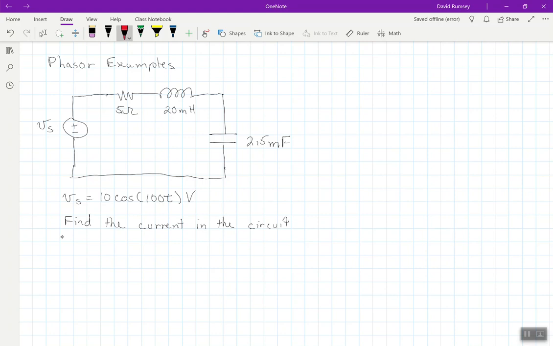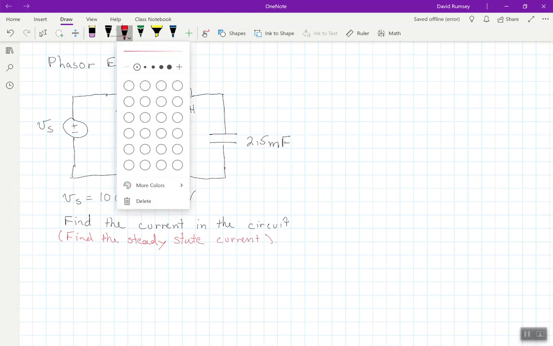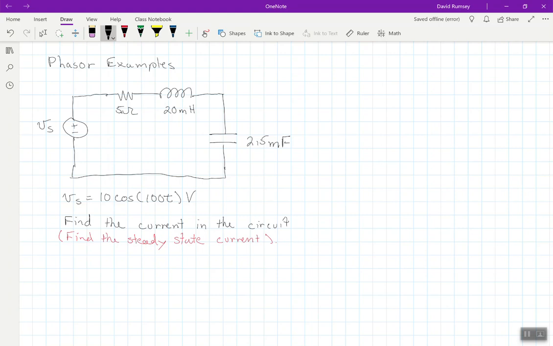Now I'm going to put in parentheses here, sometimes what they'll do is they'll say find the steady state current. Sometimes they'll leave that off, just because they're like, well, we're only doing steady state analysis at this point, so when I say find the current, we automatically mean steady state.